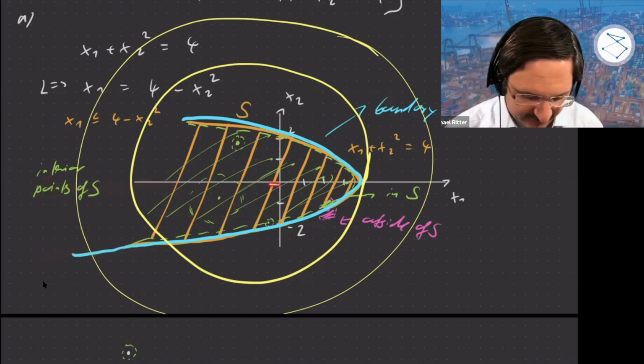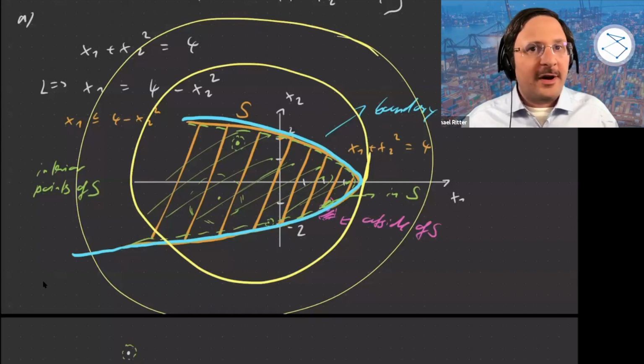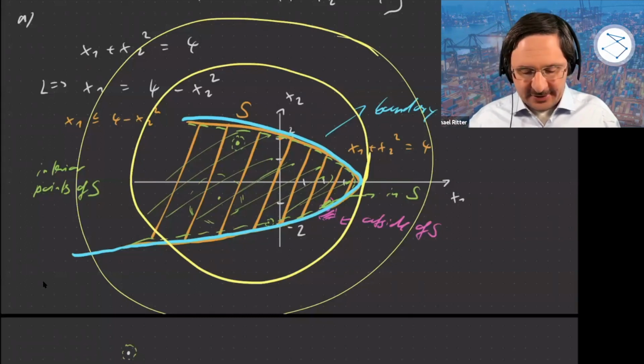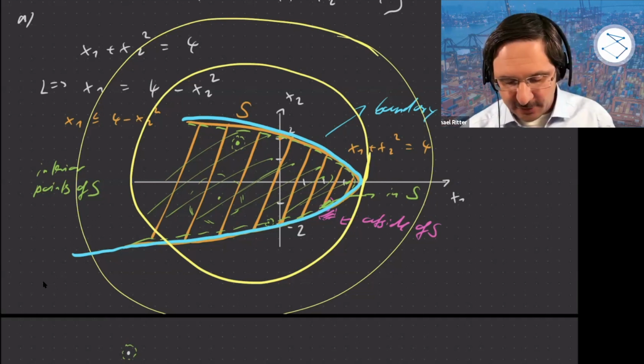Yeah? That whole negative x1 axis is contained in the set. So no matter how large I make that yellow ball, there'll always be points in the set outside of that ball. So S is not bounded.